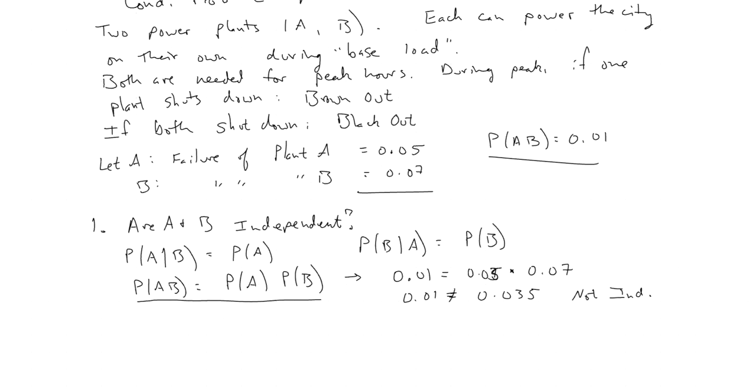Okay, so now the second question: if one of the two plants fails on a given day, what is the probability that the other will fail?